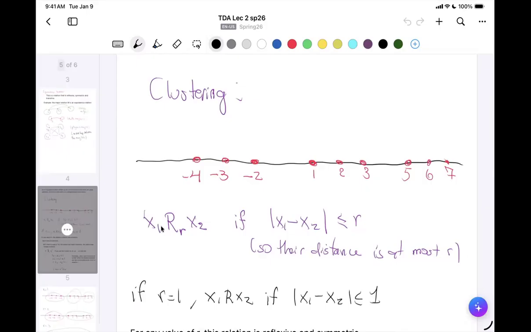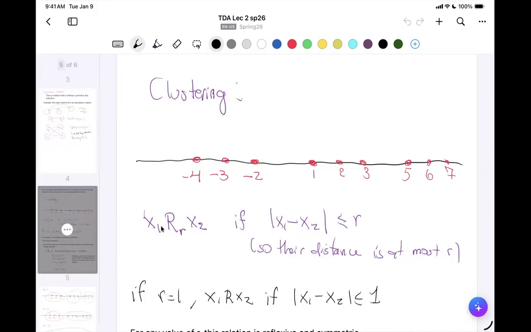But the idea, to put very concrete numbers, you could imagine you have 9 data points, and this is how the 9 data points are aligned on the number line, right?